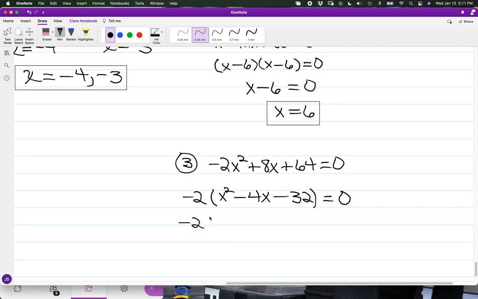And we have negative 2 times the trinomial. So for x squared, we have x times x, and factors of negative 32 that will add up to minus 4. Okay, more weight is going to be given to the subtraction than to the addition. So you have x plus 4 and x minus 8.